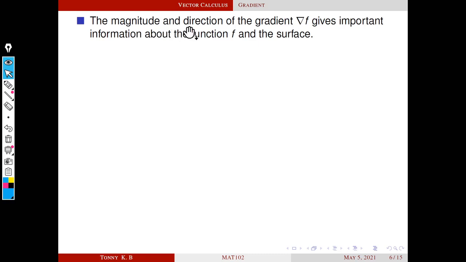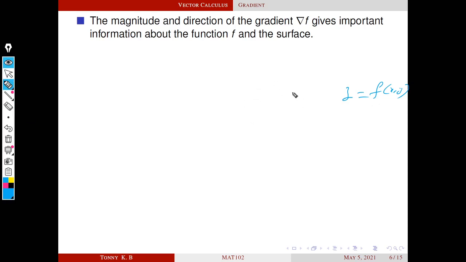Anyway, the magnitude and direction of the gradient del f give important information about the function f and its surface, the surface corresponding to this function. For example, suppose our function is a two-variable function, then you can think of a surface like z is equal to f(x, y). In the case of three variables, it is like w is equal to f(x, y, z). We can't imagine such a surface, but such surfaces are called hypersurfaces in higher dimensions.